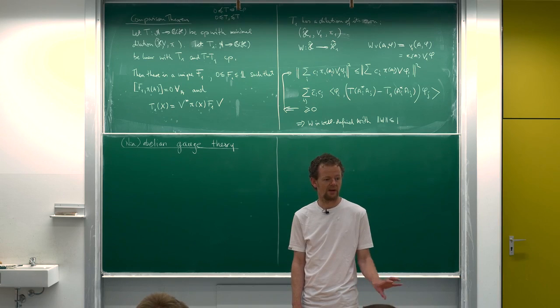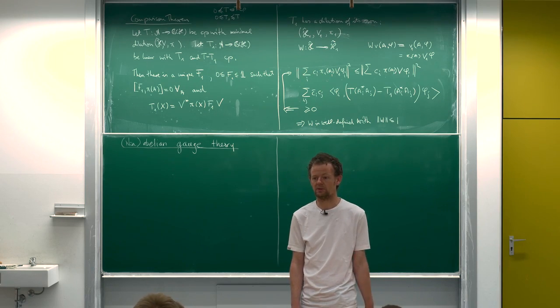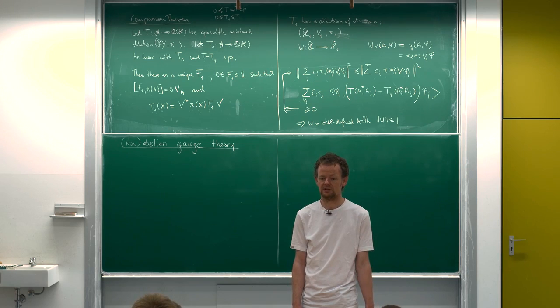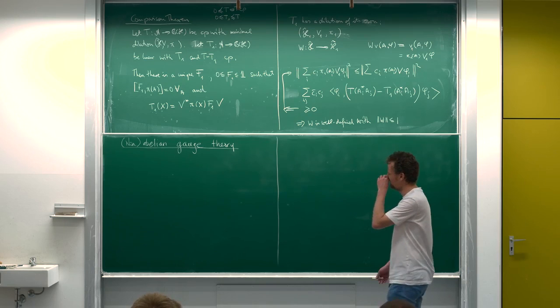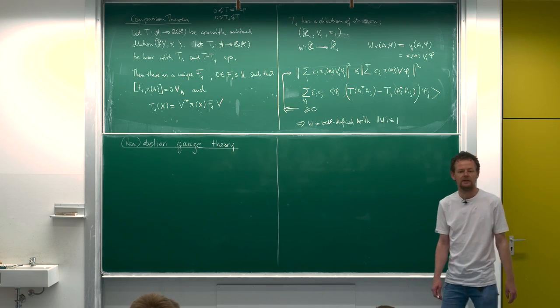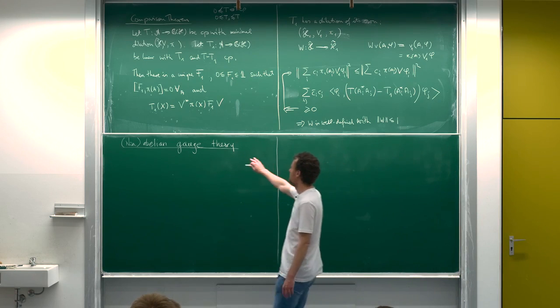However, there's one glaring hole, right? The stated objective of this course was to at least introduce you to all the moving parts of the standard model of elementary particle physics. And there's one field theory that I've so far avoided and dodged around, and that is non-Abelian or Abelian gauge theory.